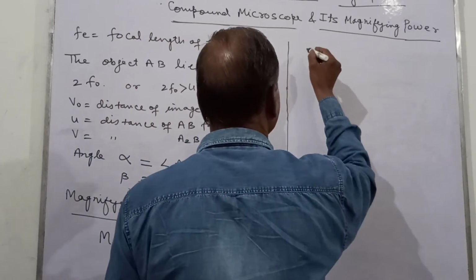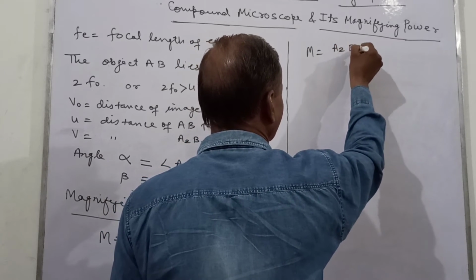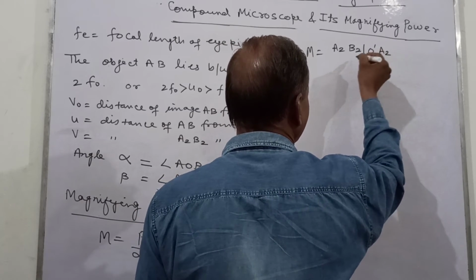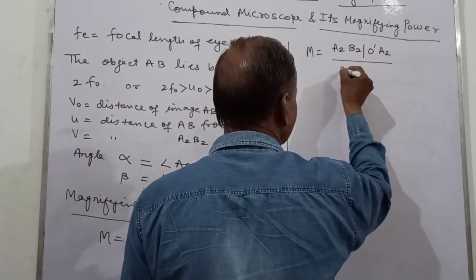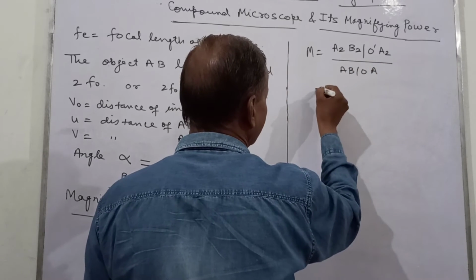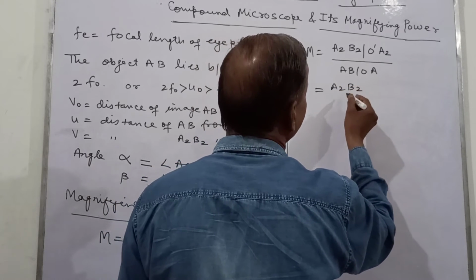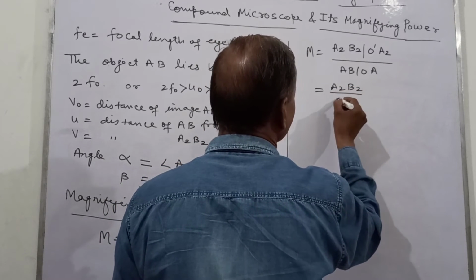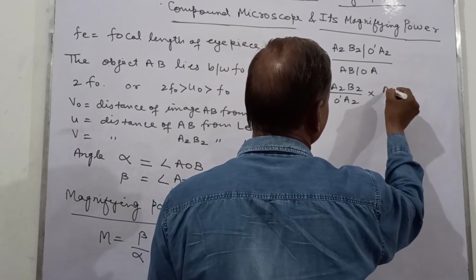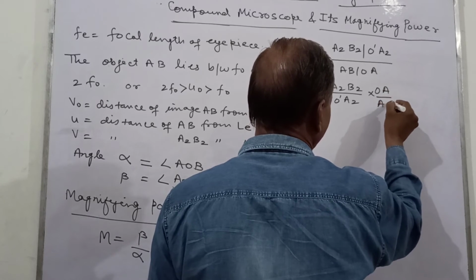So now I can take this m equal to A2 B2 upon O dash A2 upon AB upon OA. So I can have it to be A2 B2 upon O dash A2 into OA upon AB.